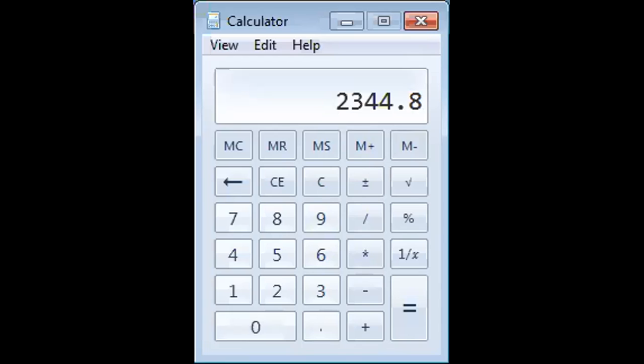This has to be. 2344.8. This is where the H3 calculation is.